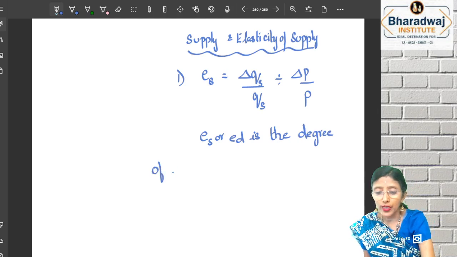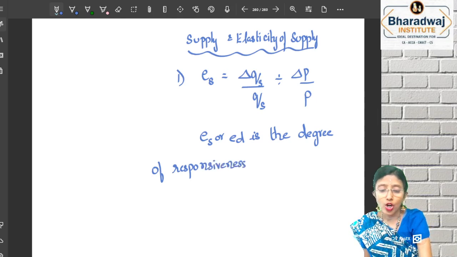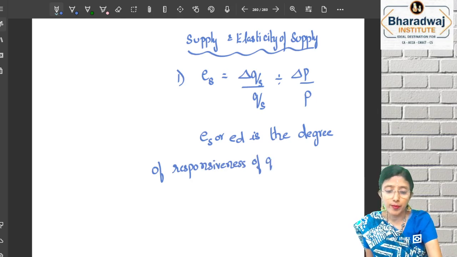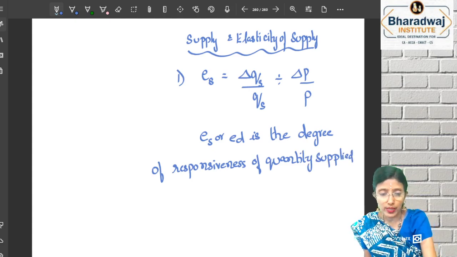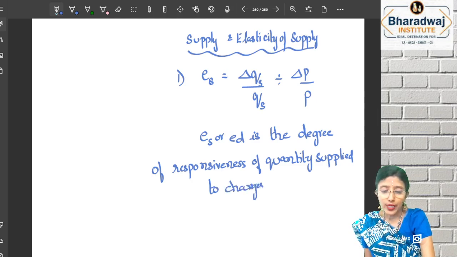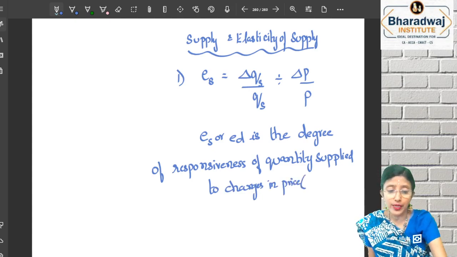Degree of responsiveness of quantity supplied, if it is elasticity of supply; quantity demanded, if it is elasticity of demand, to changes in price. And please note, the change in price can be a rise or a fall.